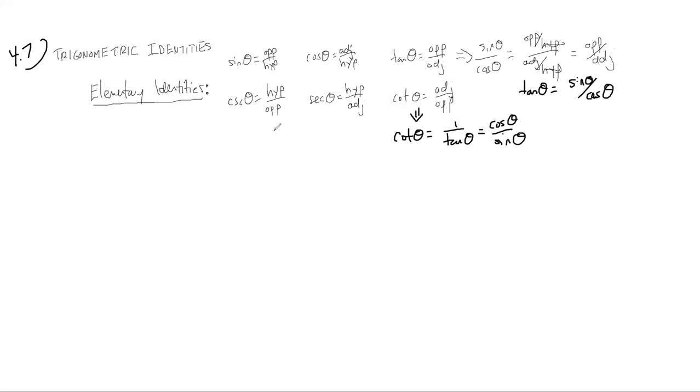And then similarly for the cosecant and secant, you can see that those are just the flips of sine and cosine. We should have already talked about this when we introduced these 3 secondary functions, but these are the elementary identities. And mostly we'll be focusing on just rewriting everything in sine and cosine.